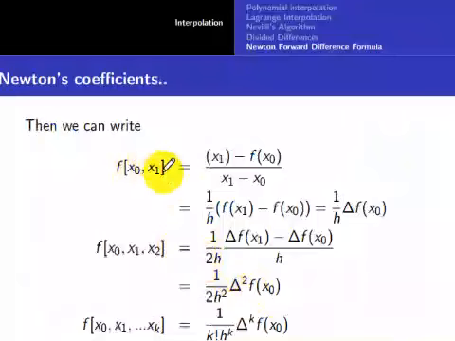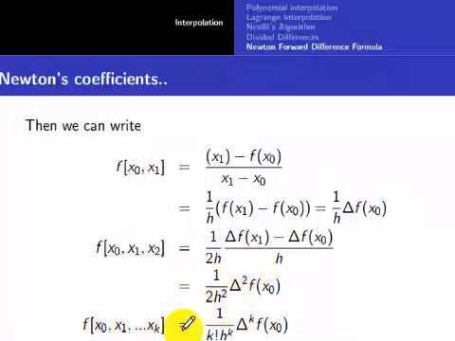If you have two points, you get the first order forward difference operator of f of x0 divided by h. If you have three points, you have the second order forward difference of f of x0 over 2h squared.